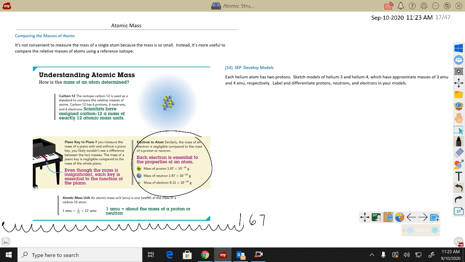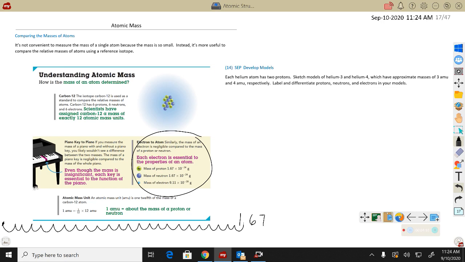A comparison might be like a piano. A piano is heavy, and there are lots of keys, and they're all very important to the function of the piano. But if you were to take out one key, the mass of the piano would be about the same. Obviously, it wouldn't function the same, but the mass would be relatively the same.